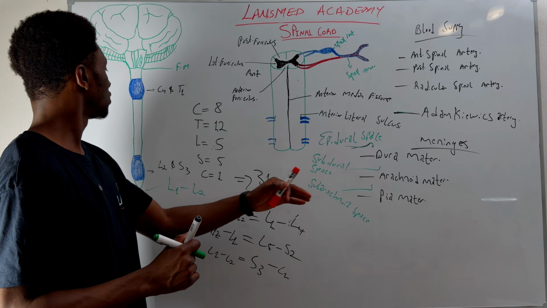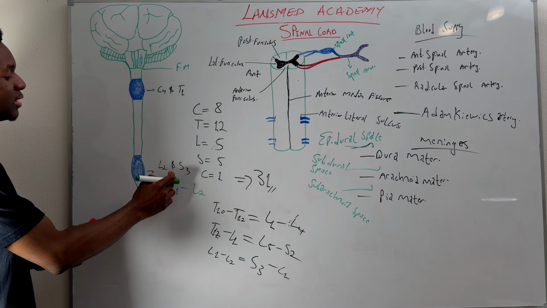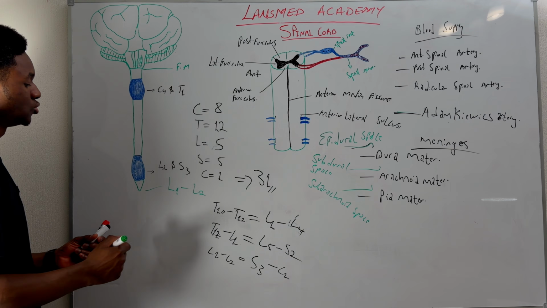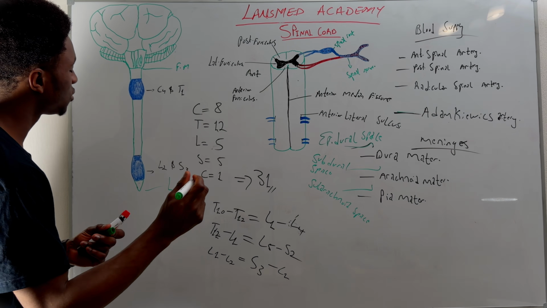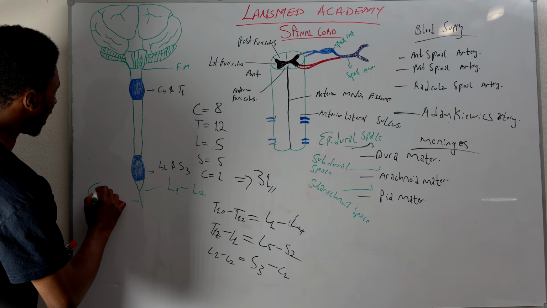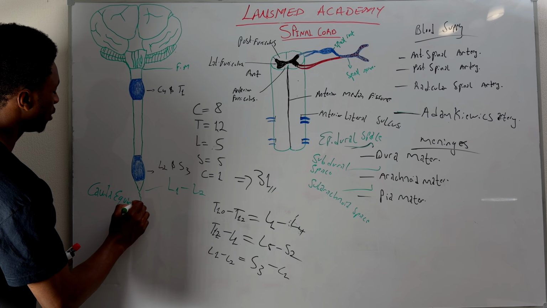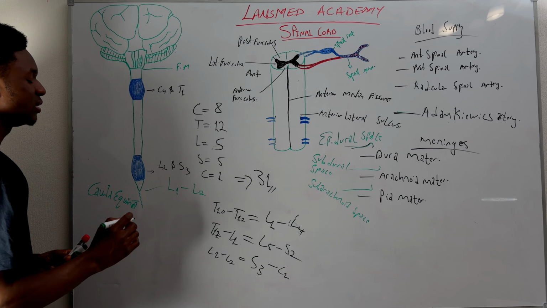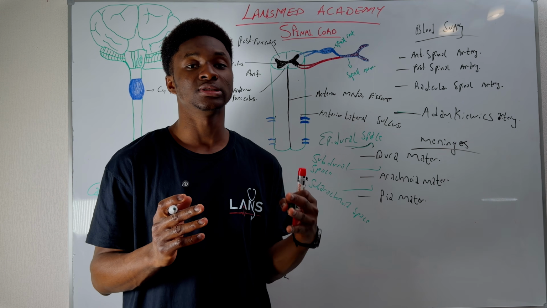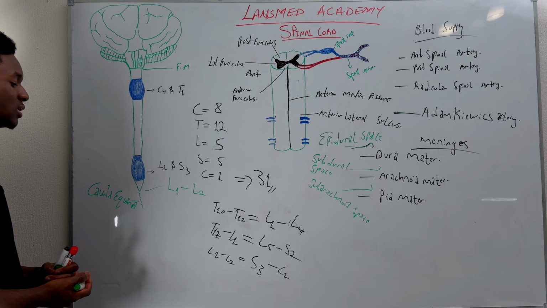And lastly, I forgot to mention that after the conus medullaris that is located between L1 and L2, the other part of the spinal cord you need to be conversant with is what we call the cauda equina. What is the cauda equina? The cauda equina is simply the nerve extensions that are extending downward from the conus medullaris.